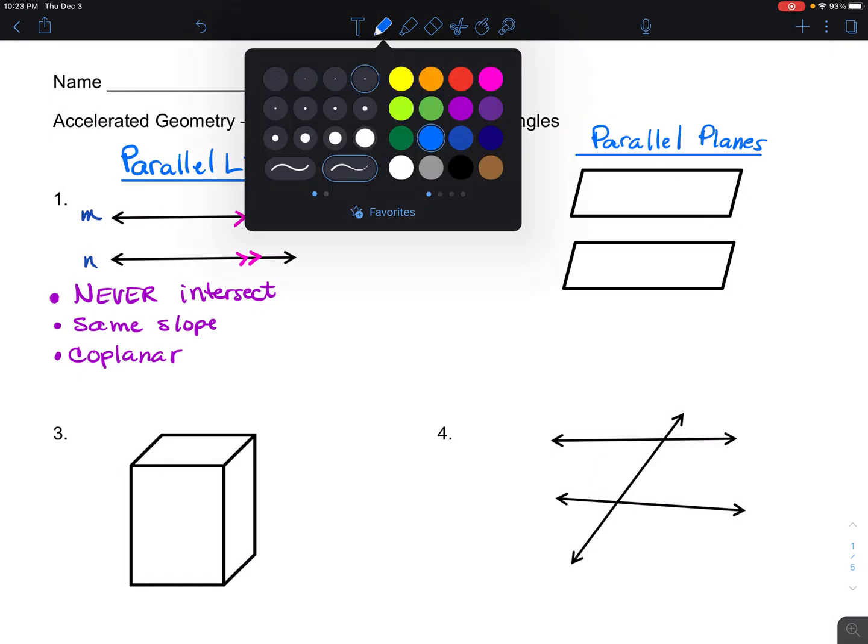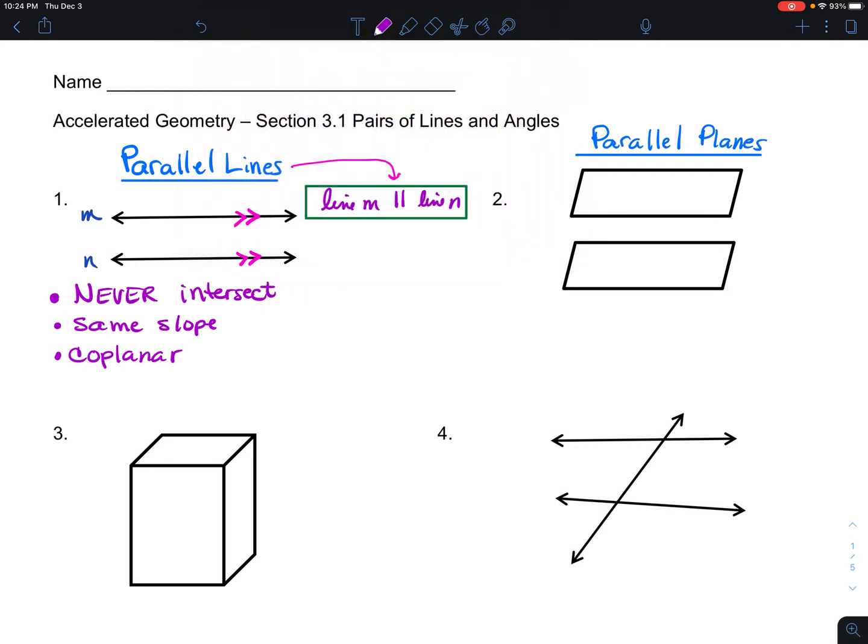If we want to call the top one plane T and the bottom one plane R, similar to what we did with the lines, we can literally state plane T is parallel to plane R. We do not have any type of notation to place on the picture itself to show that they're parallel.